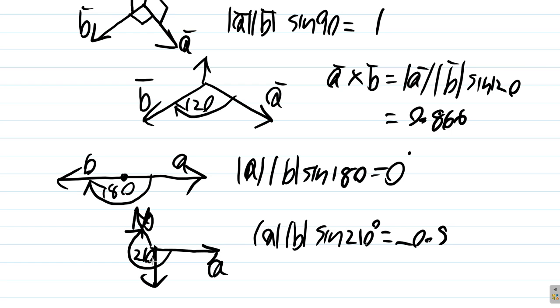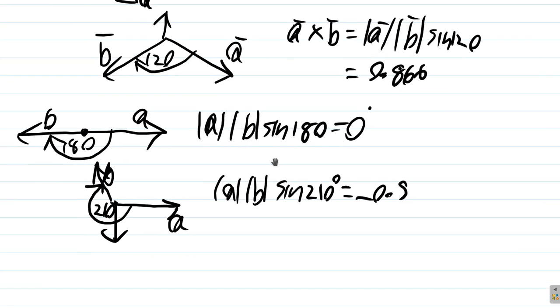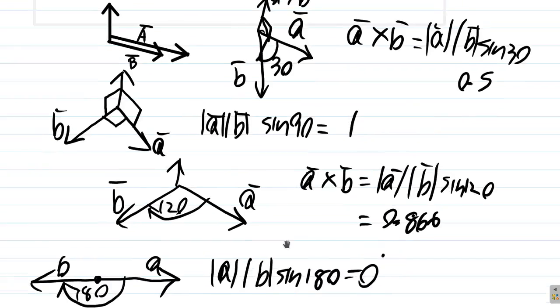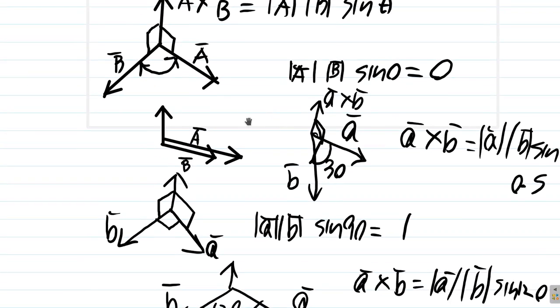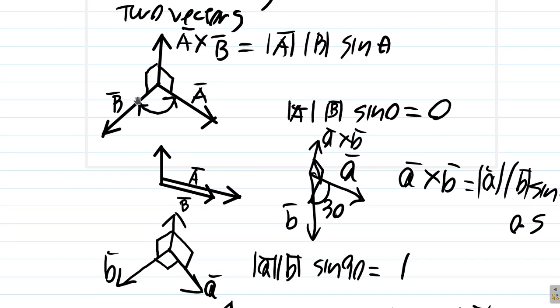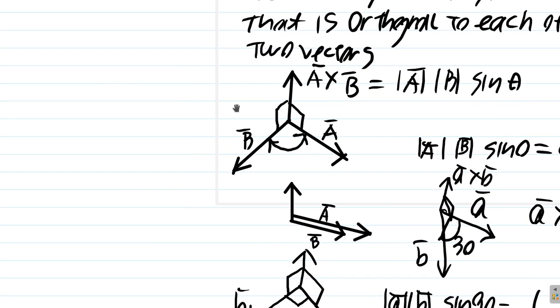Now here what we have is A cross B. Right? If we turn this upside down, what we would have then is a case where B would be here and A would be on the side, and then the A cross B would be pointing downwards.